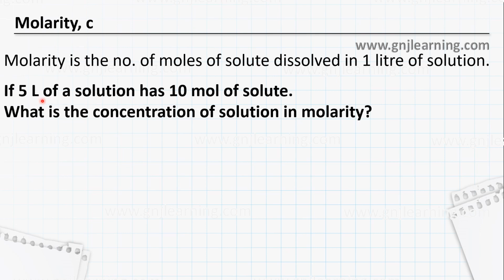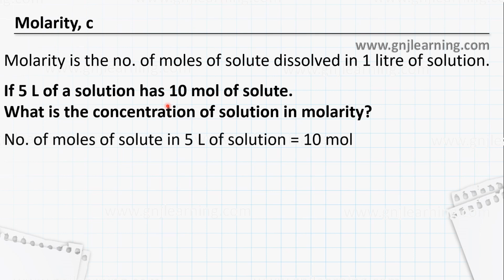So if in 5 liter it is 10 mole, then in 1 liter how much will be the number of moles of solute? So we will see how to calculate this. Number of moles of solute in 5 liter of solution is equal to 10 mole.